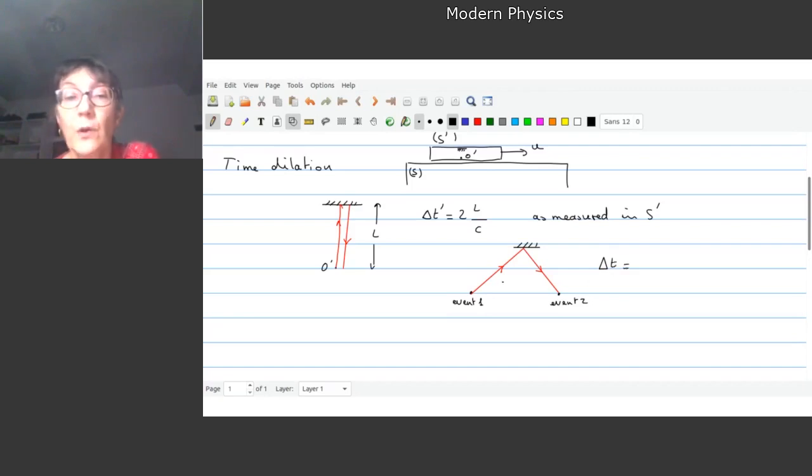This will also be 2 times the same distance here. So what is the distance? Well, I don't remember. You have a triangle. So what is this distance here?